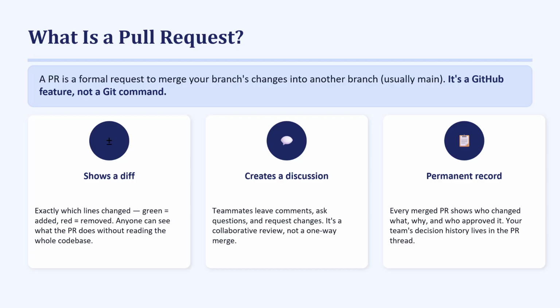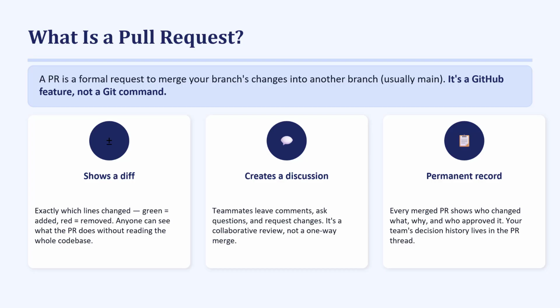It's not technically a Git concept, it's a GitHub feature. Or if you're using something like GitLab or Bitbucket, this is a feature built on top of what Git already provides for us.